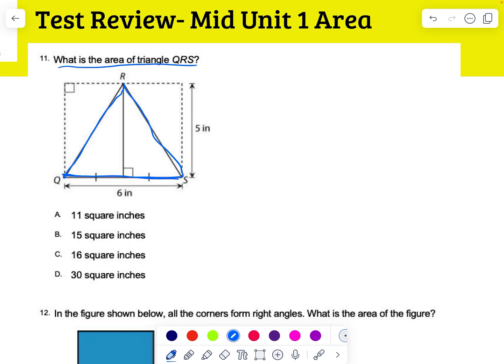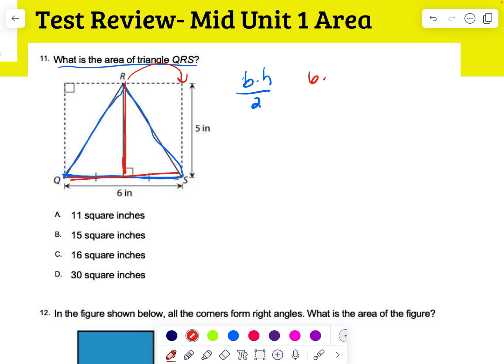So I know that this is a triangle, and it's base times height divided by 2. If I look at the base, I have a perfect base built in right here. So base is 6 times height. I want to use this as my height, but there's no measurement there.